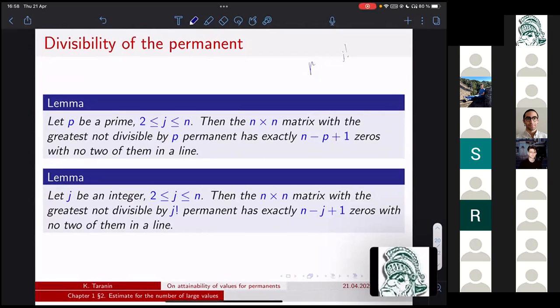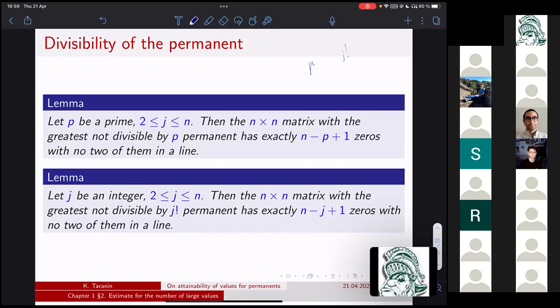So the idea is that if the permanent is the greatest not divisible by p, then all the permanents that are greater are divisible by p.